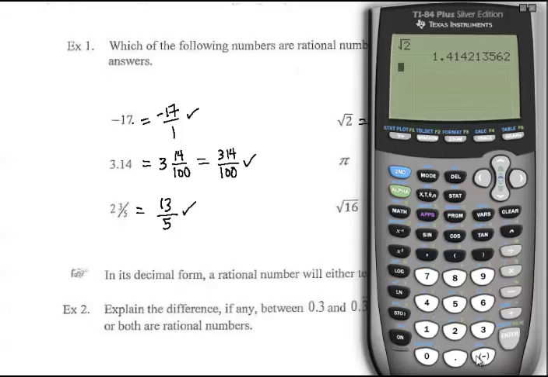The calculator can't give you all of the digits that appear to the right of the decimal point. We have 1.414213562, and they actually keep going. Those digits never stop. And another comment you could make is they also do not have a pattern. It's not a repeating decimal. So a decimal number that doesn't repeat or doesn't terminate is irrational.